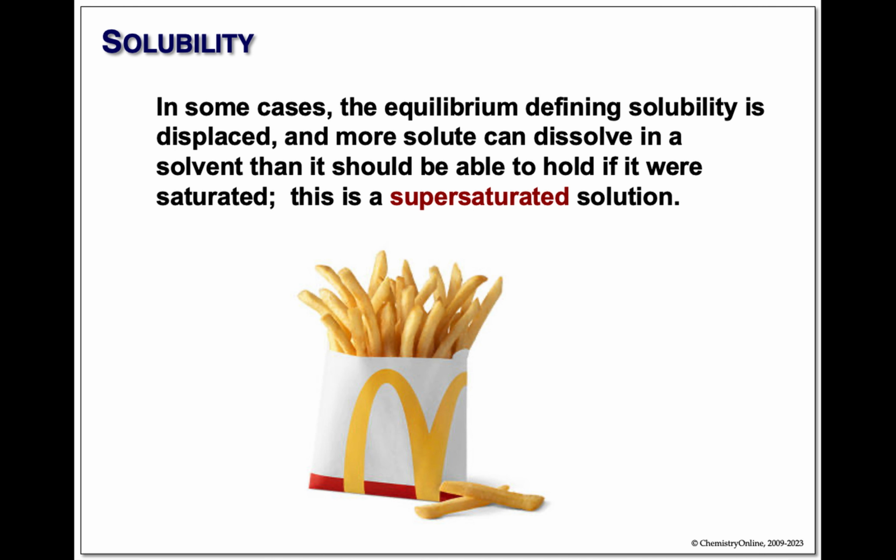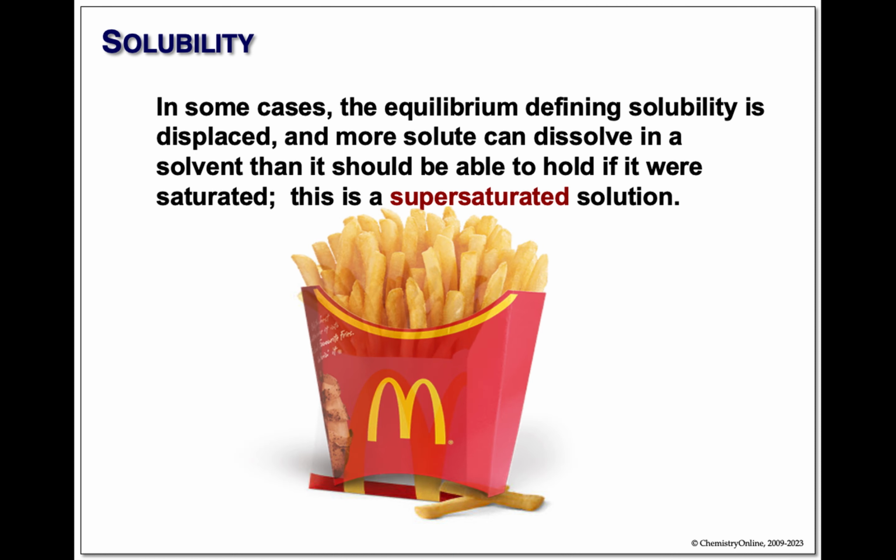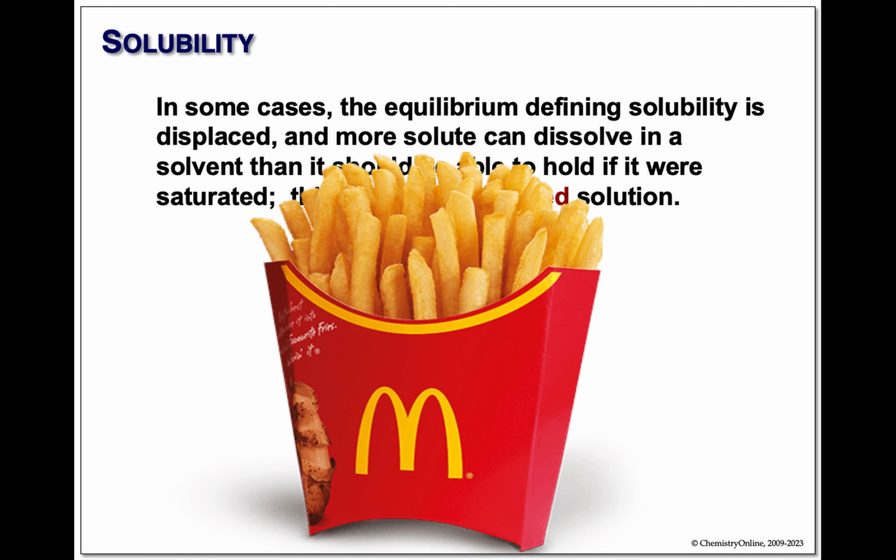So think of fries. That's a fry. And you could super fry it, right? Supersize it, whatever. Way too much. One compound that does this very, very nicely is sodium acetate. Again, you'll meet sodium acetate in general chemistry a lot.